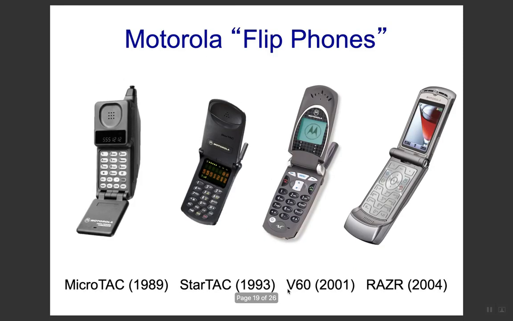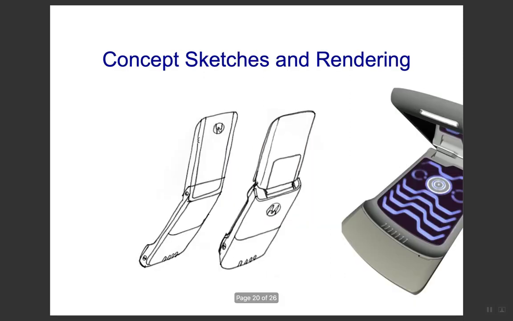Okay, and Motorola flip phones. This is the evolution of Motorola phones, right? From the first generation, MicroTAC, StarTAC, V series, and so on. I think it is clear enough to see the evolution, and the concept sketch and rendering.